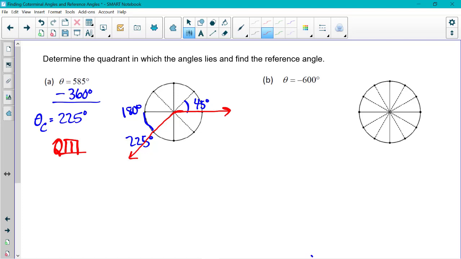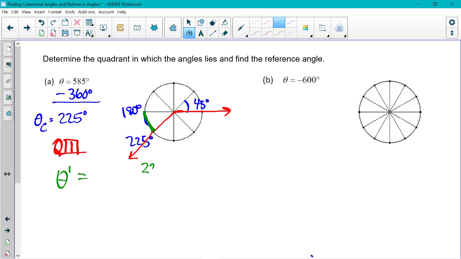Okay, now that means any angle coterminal with 585 has that same terminal side. So I'm not going to show the full rotation. What I care about is what quadrant does it lie in and what is its reference angle. Well, we know that each sector is 45 degrees, and if you recall, the reference angle is the distance from the terminal side of the angle to the positive x-axis.